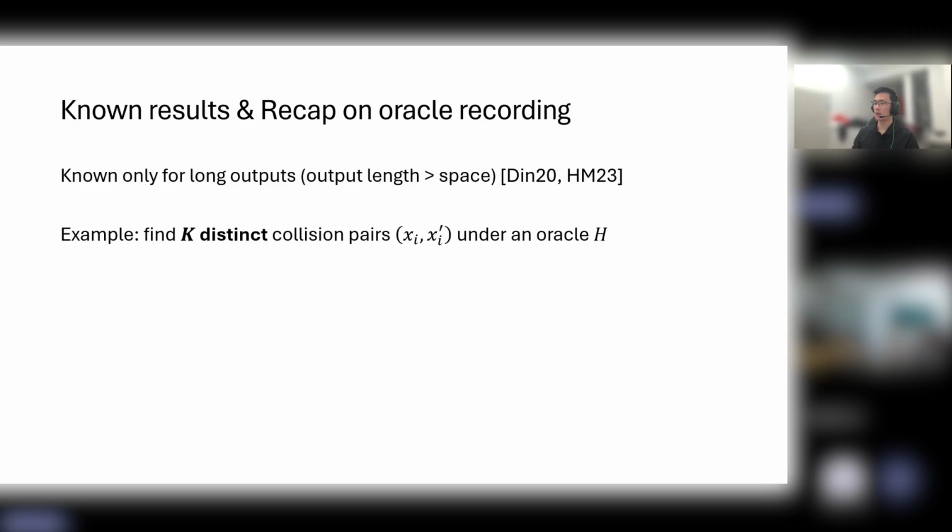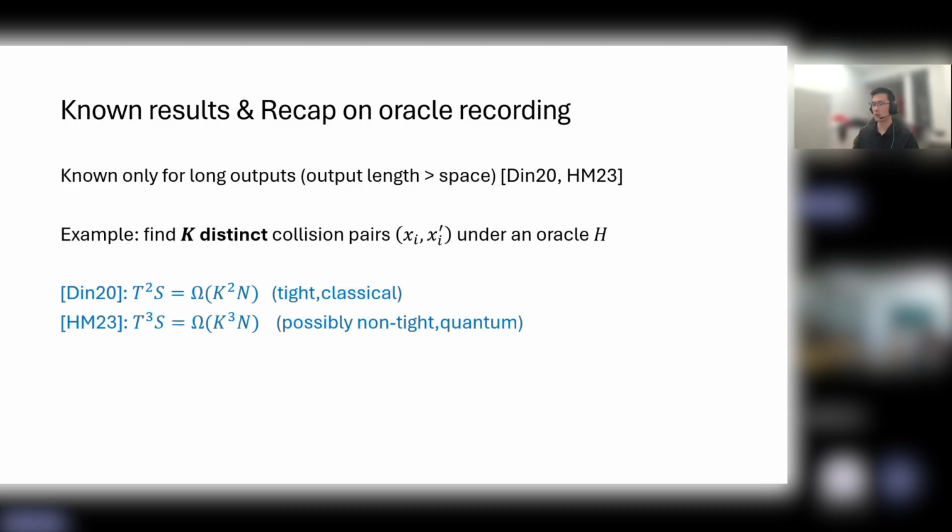One of them is to find k distinct collision pairs under oracle H. Here you can imagine that k is something like n to the 0.1, where n means the size of the image, so n to the 0.1 is actually exponential. This is an example of a long output problem.